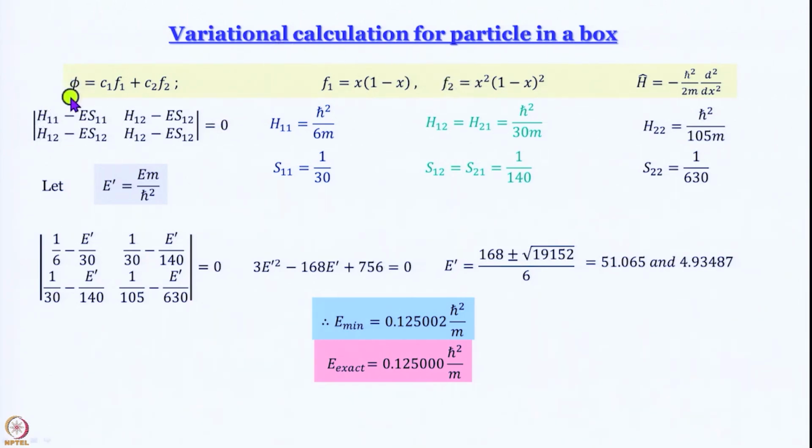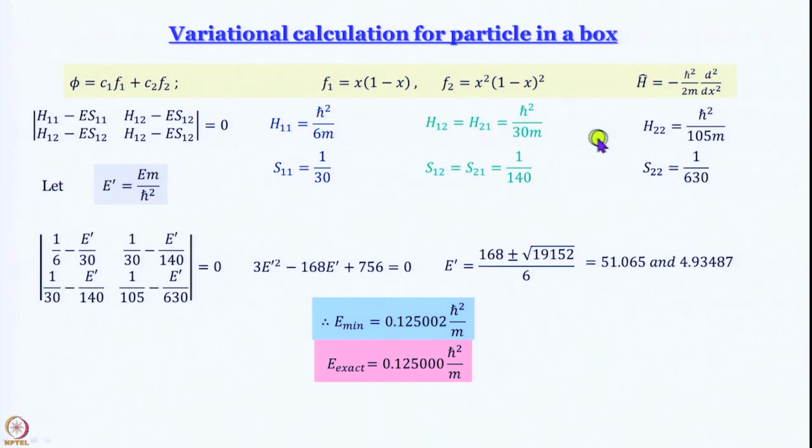There we had represented the wave function as C1 F1 plus C2 F2, where F1 was x into 1 minus x, and F2 was x square into 1 minus x whole square. Are they orthonormal? Okay, you figure out, but they are definitely not the functions that we get by solving the Schrodinger equation exactly, which we did towards the beginning of this course.